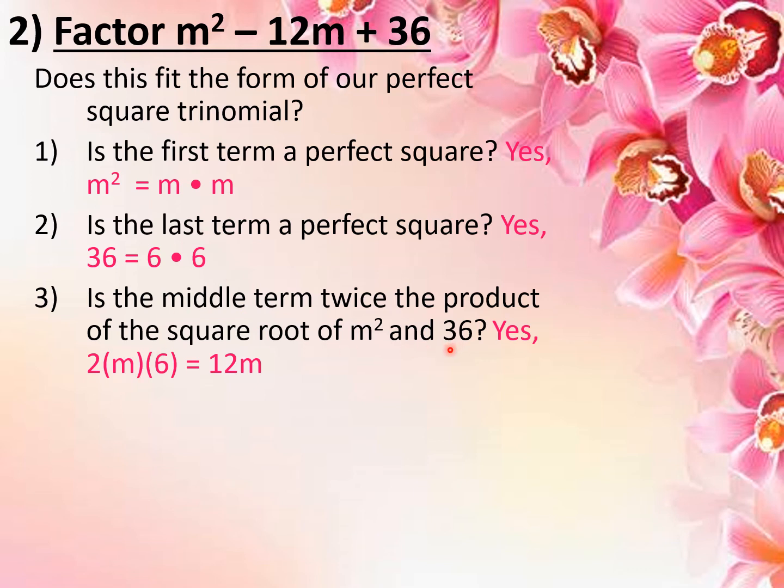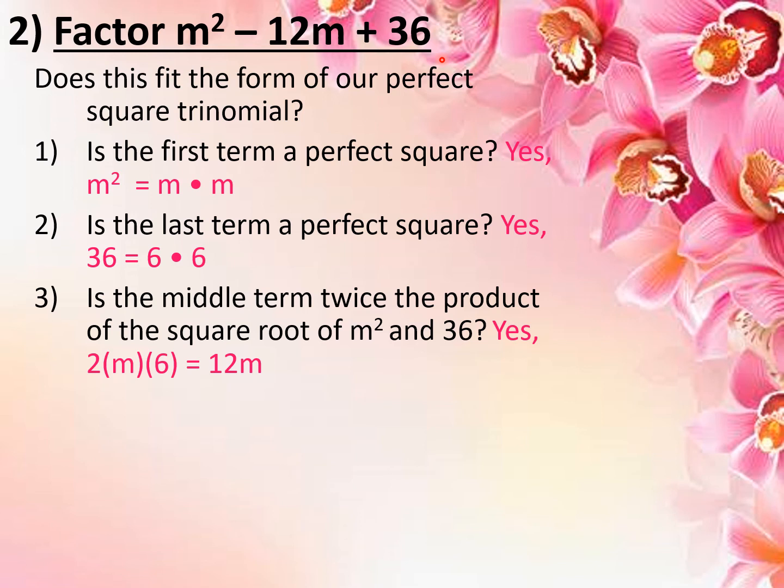The square root of 36 is 6. So twice, that is 2 times. 2 times m times 6 is equal to 12m. Yehey! Therefore, ang atong given nga m squared minus 12m plus 36 is a perfect square trinomial.